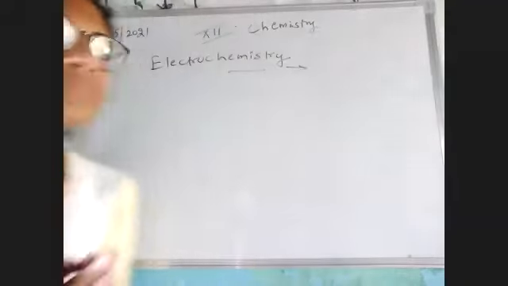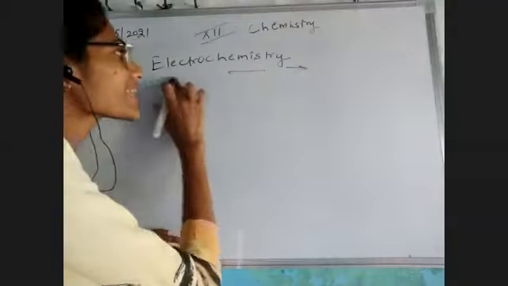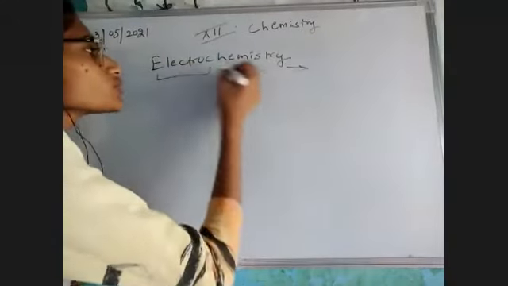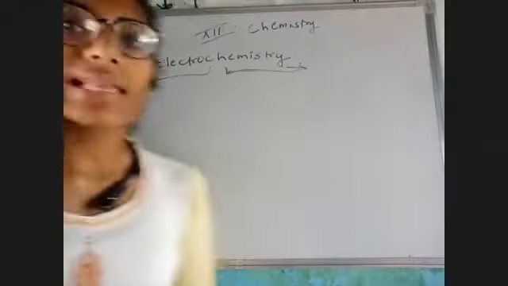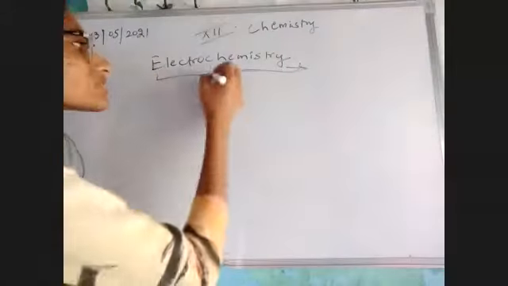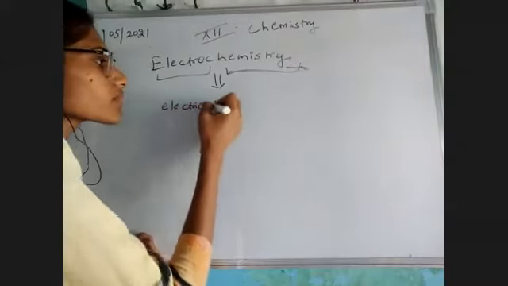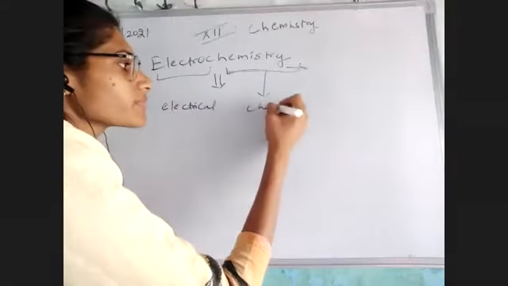And as the name suggests, it is based on electrical changes. Electrochemistry is a branch of chemistry which deals with electrical changes. Basically, it is made up of two words, electrical and chemistry.